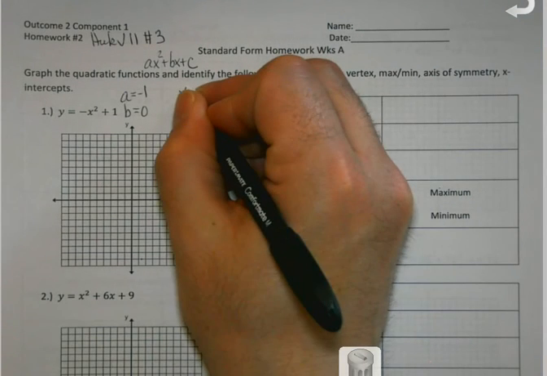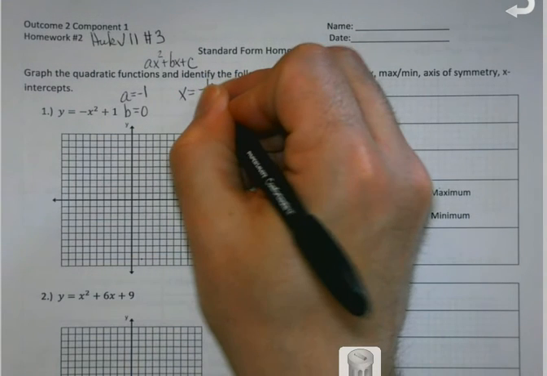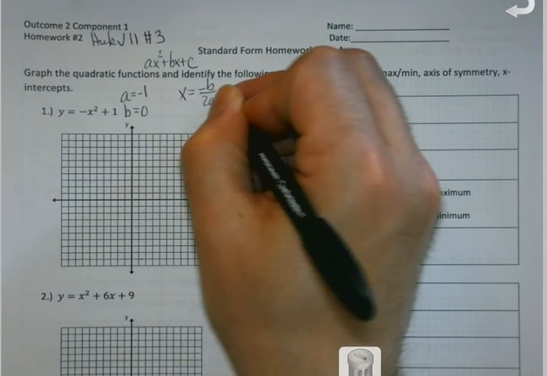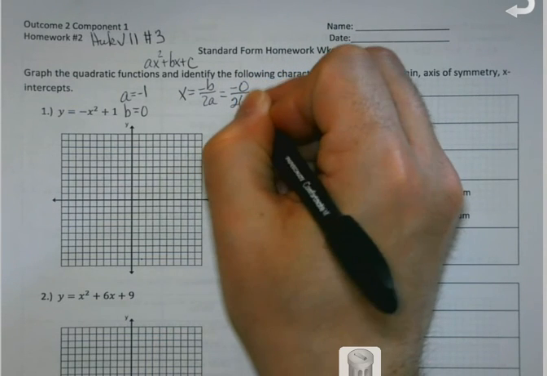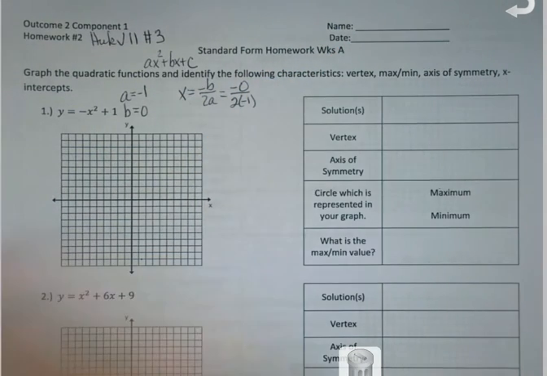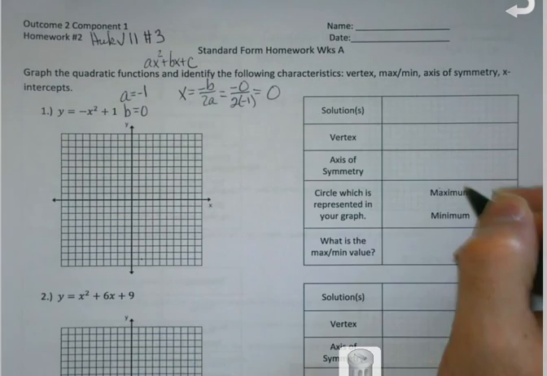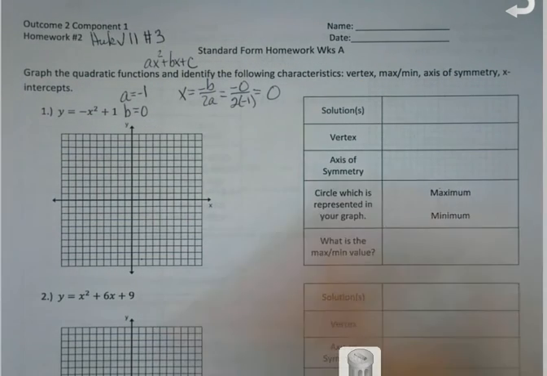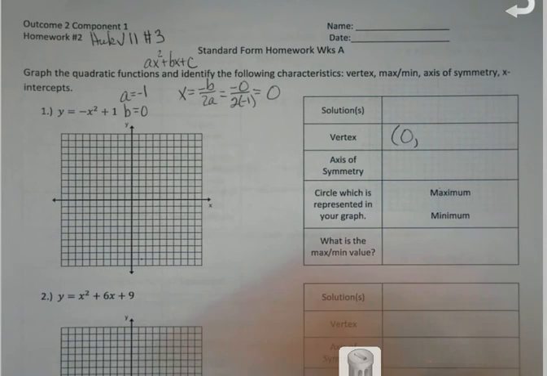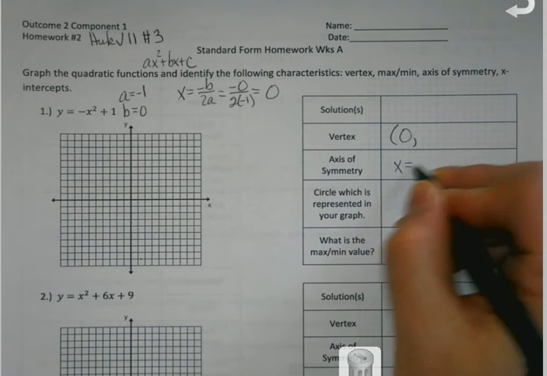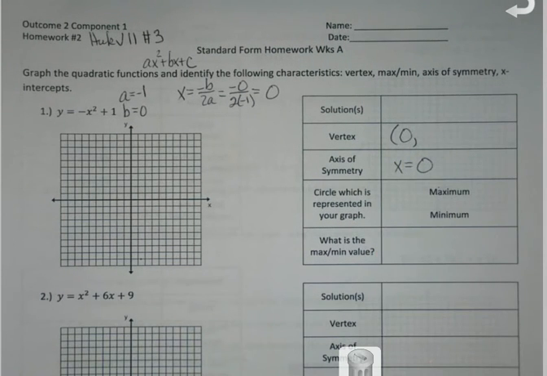So my x is -b over 2a. So -0 over 2 times -1? Well, 0 divided by anything is just 0. That's true. So I know the x value of my vertex is at 0. I also know what my axis of symmetry is going to be.